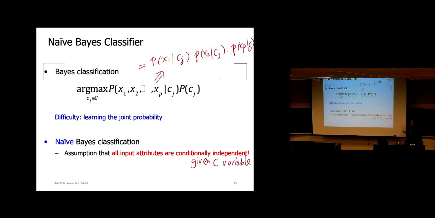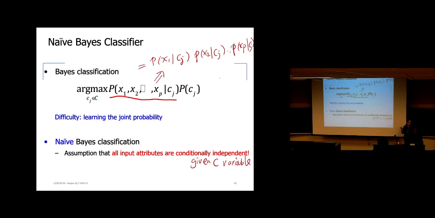Equation-wise, it's really easy. It's just the joint probability. Now we only do this part. This is the joint probability of x1, x2, up to xp conditioned on Cj.